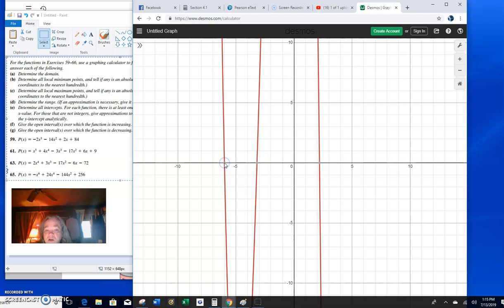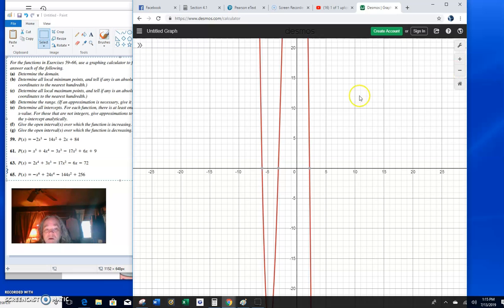You just click on with your mouse, and you can see immediately what the x-intercepts are. And then you'll have to zoom out quite a bit.